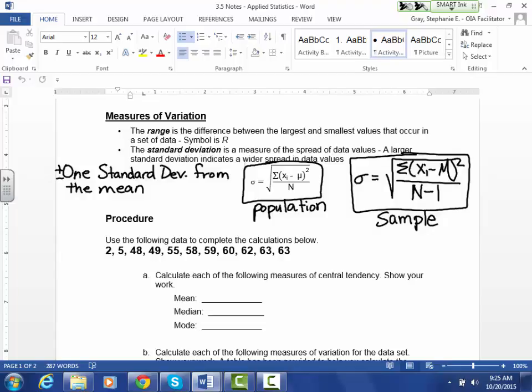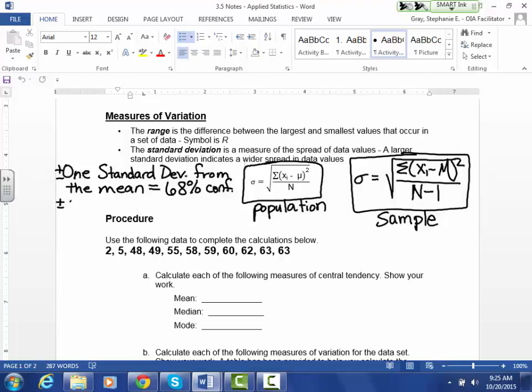Remember, we added one standard deviation and we subtracted one standard deviation. One standard deviation from the mean is 68% confident. So we can be confident 68% of the time if our numbers are one standard deviation from the mean.